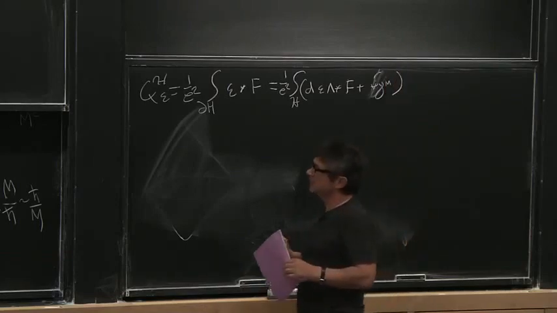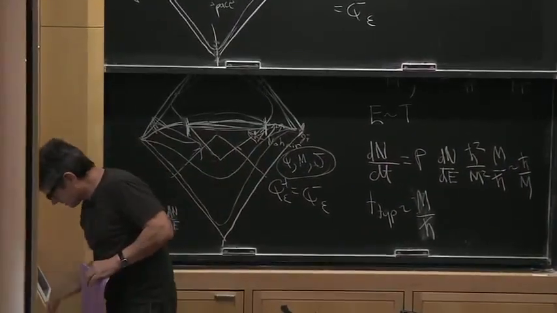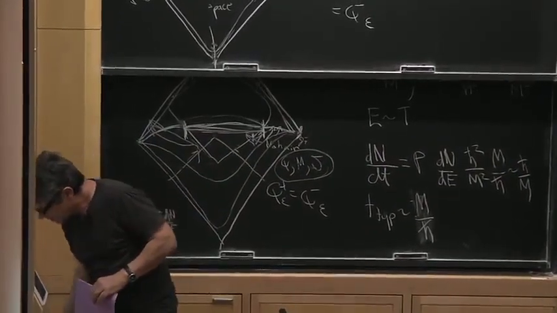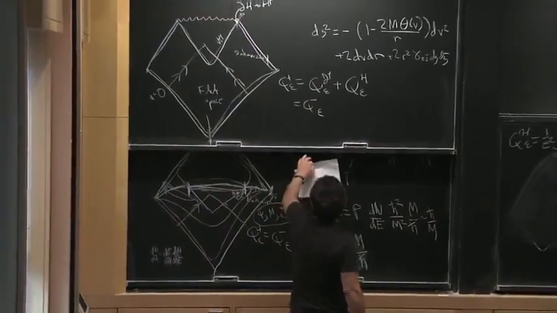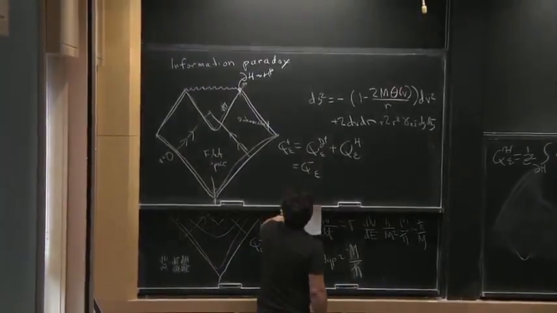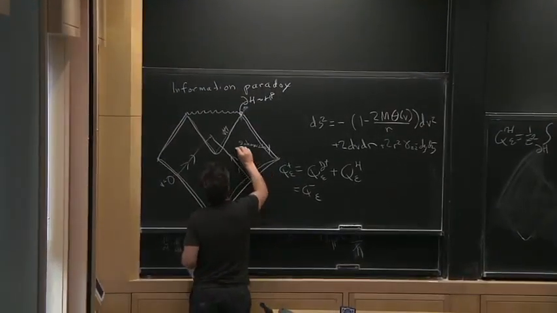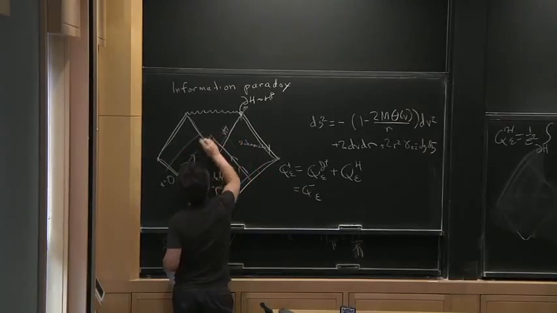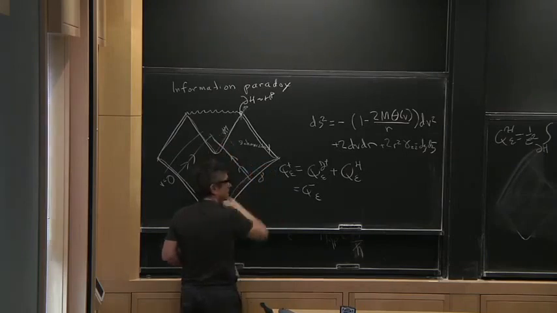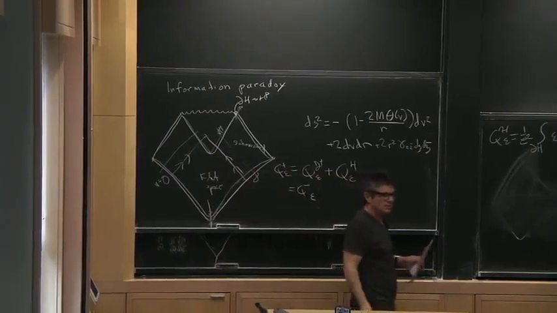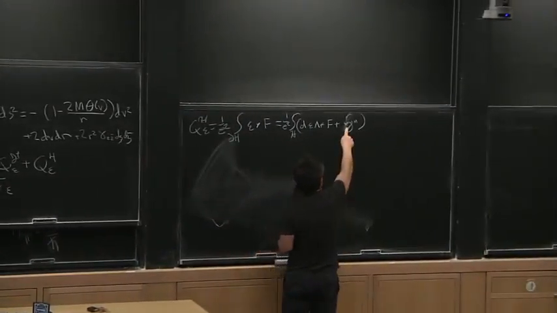Now, in what I've drawn here, I really would like some colored chalk. In what I've drawn here, this is v equals 0. We could also consider at some later time sending in some charge current J. Okay, we could consider that kind of configuration. And then we would get this extra term.